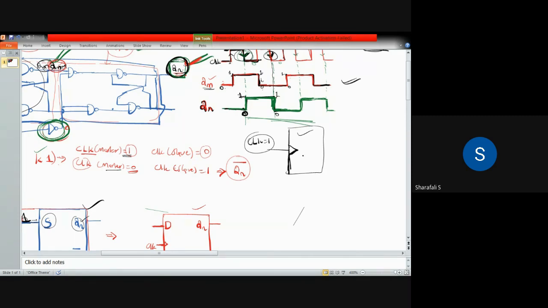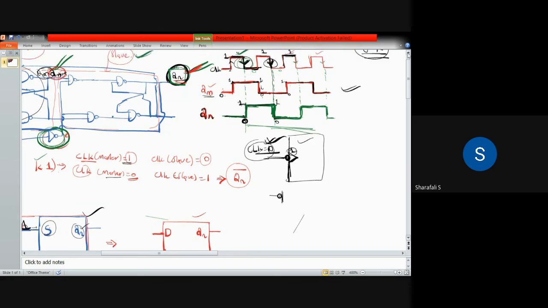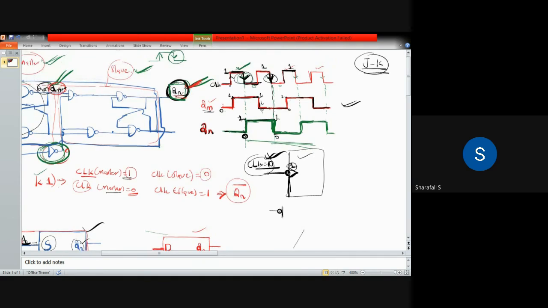If the flip flop is to be active when your clock is 0, you take the clock through a NOT gate. So clock is 0, applied to this NOT gate, it becomes 1. That's why it is called negative trigger, and that's why you use this symbol for that particular case.